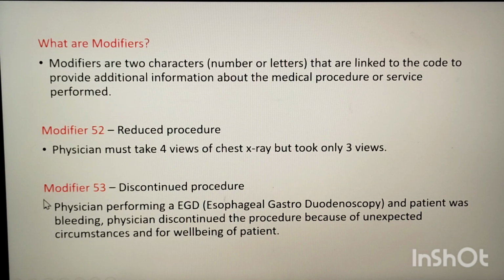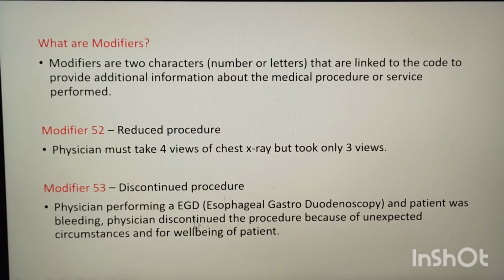The next example is modifier 53. This is the discontinued procedure. Discontinued procedure means, for example, the physician is performing an EGD procedure, esophagogastroduodenoscopy, and the patient was bleeding. Not only bleeding, if the patient's BP is down, or if the patient is getting any complications, then the physician thought that it is not good for the patient and discontinued the procedure there itself.